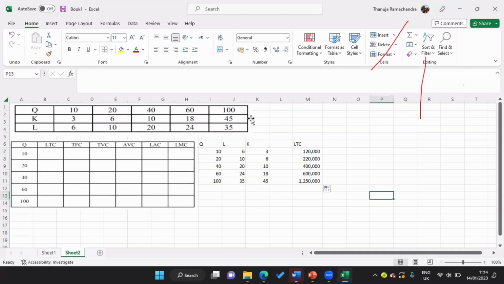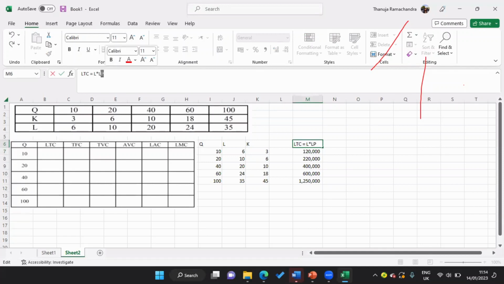Madam, can you put the LTC equation there in a simple way? Say long run. How do I put it, like for the labor L into the price of the labor? Shall I put LP, with a subscript?